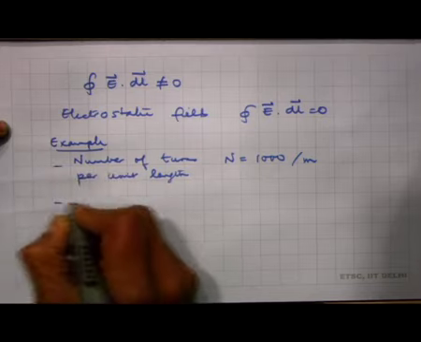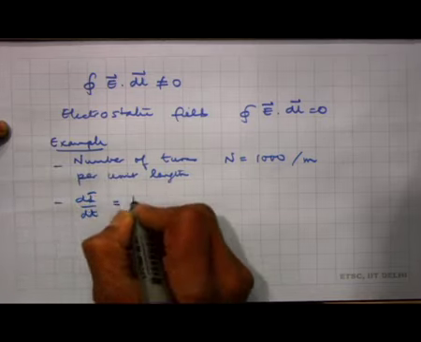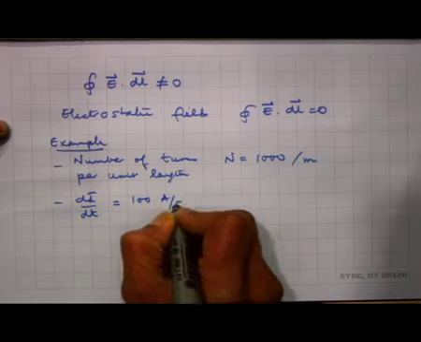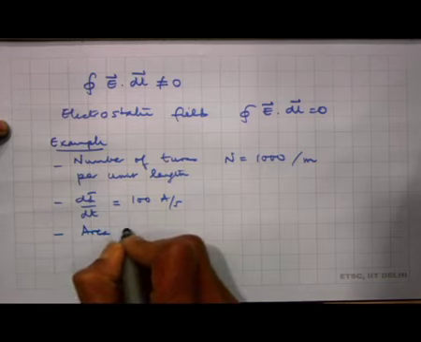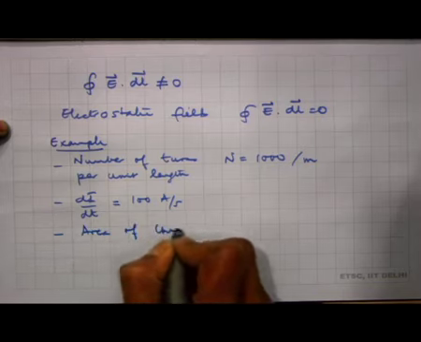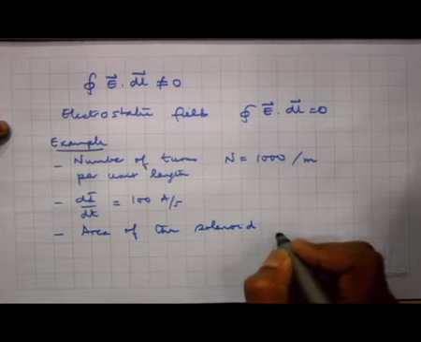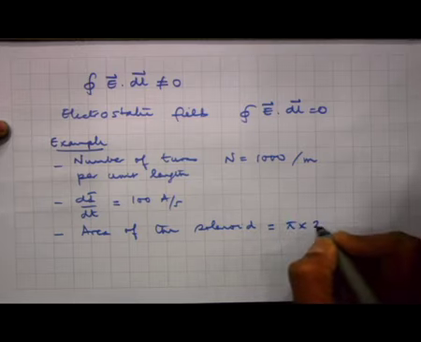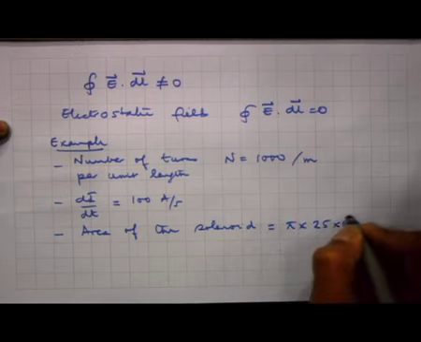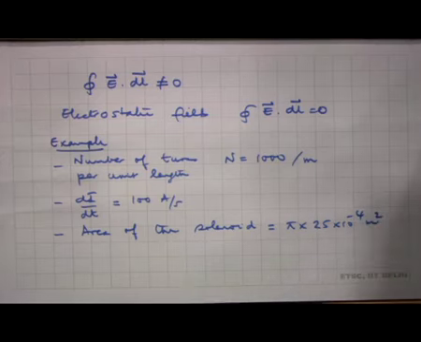Let me assume di by dt is equal to 100 amperes per second. Area of the solenoid is equal to pi into 25 times 10 to the minus 4 meter square. I am assuming a solenoid of radius 5 centimeters.